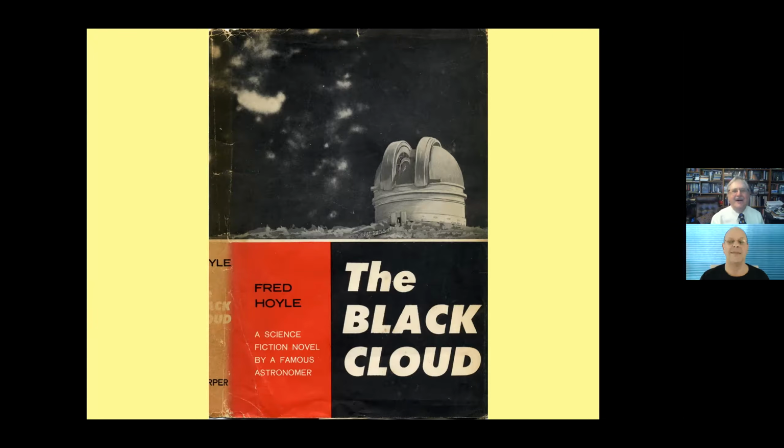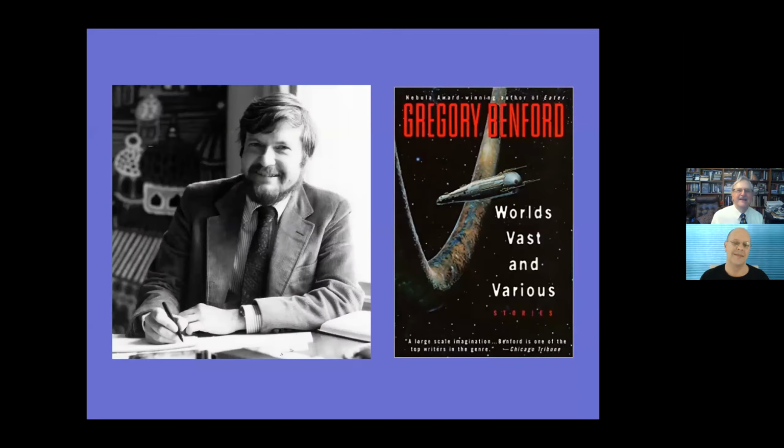And then this cloud in its travels comes between the Earth and the sun, and it's a matter of life and death to communicate with it. So another novel in which astronomers become very important in the world.